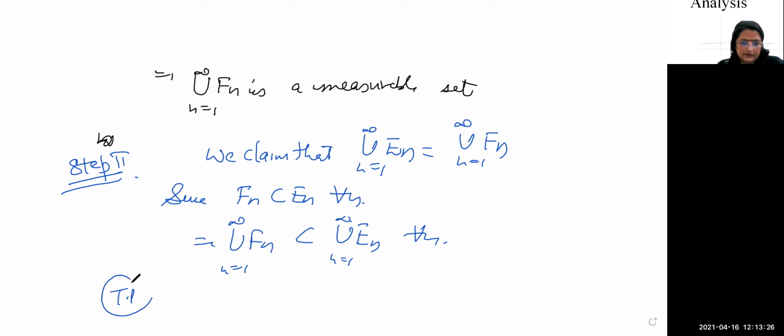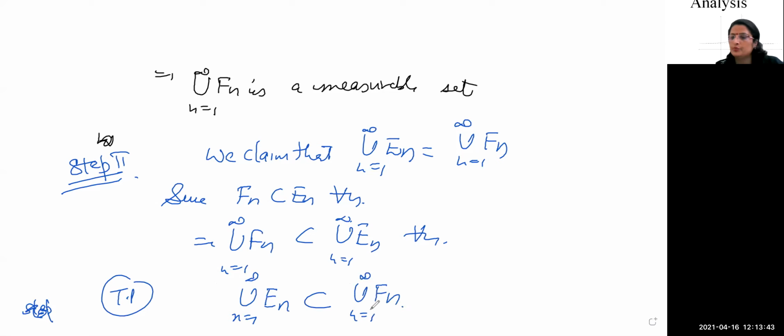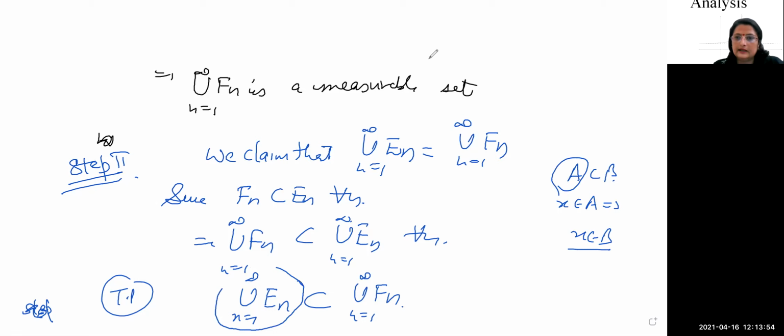Now to prove, इसमें आप one part हो गया. Now to prove union of n running from 1 to infinity En is contained in union n running from 1 to infinity Fn, ये प्रूव करना है. एक सेट दूसरे में कब आएगा? जब यहां से एक पॉइंट लेंगे तो वो किस में जाना चाहिए? बी में. अब यहां से एक पॉइंट उठेगा, आप दैट इज करके लिख लीजिए.